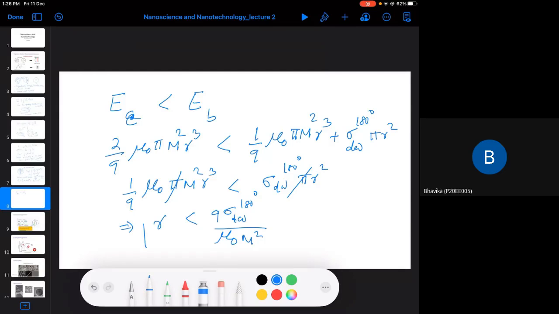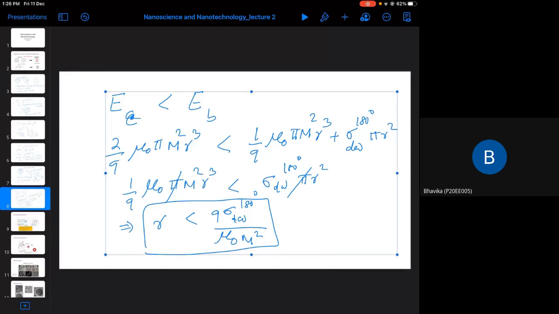Okay, so if the radius of the ferromagnetic particle is less than this value, then the energy of a single domain particle will be favorable, because creating a domain wall will cost a lot more energy.